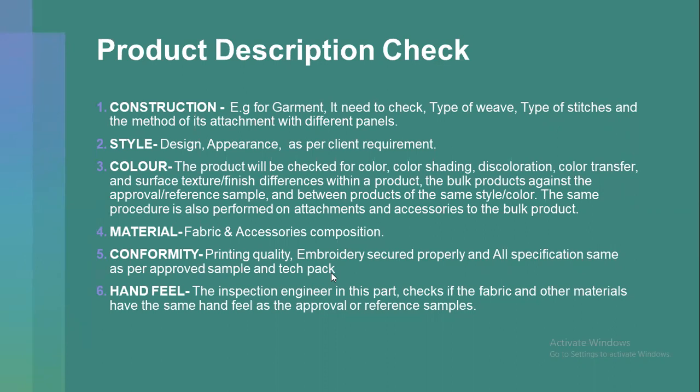Material, fabric and accessories composition conformity, that is print quality, secured embroidery stitches, and all specifications the same as the approved sample and the tech pack. Hand feel: check and feel that the fabric and other material have the same hand feel as the approved sample or reference swatches.